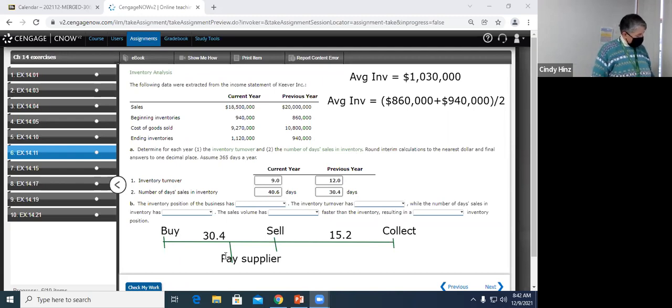I think we do have an example of that in our exercises, but it's a very similar calculation to what we've just done with receivables turnover. It is called the payables turnover, and it's a calculation of how quickly we pay our suppliers. It's very similar to the calculation of how quickly our customers pay us. Let's say we pay our suppliers on average every 10 days.